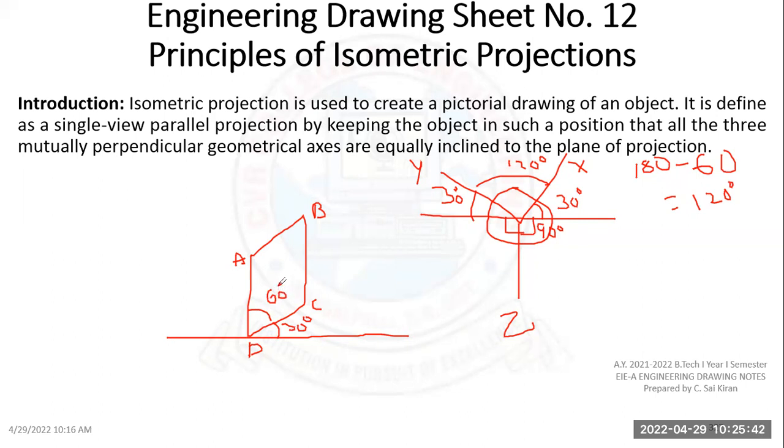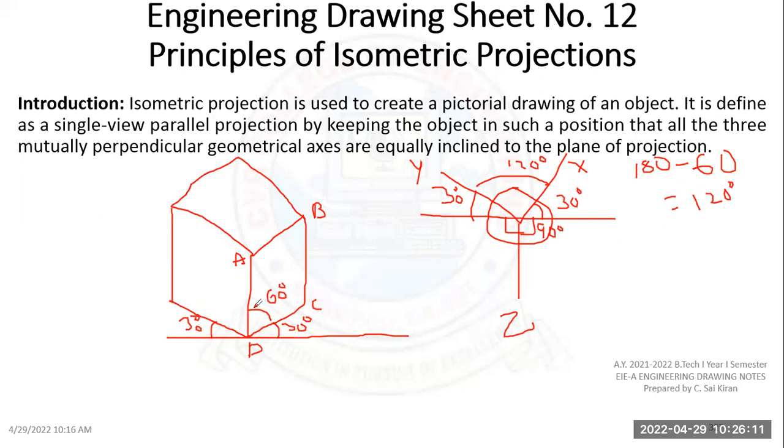Again here I have to take an angle of 30 degrees and give the same length. Then the same vertical line, whatever the vertical height is, I give the same height, and then I can join this one and this one. So this is an isometric view.